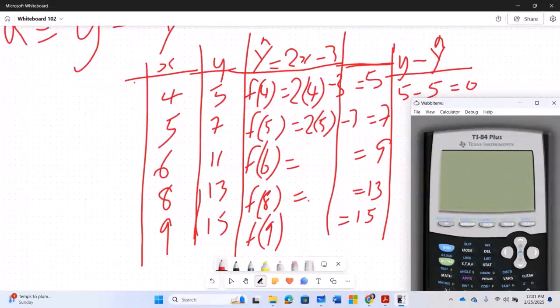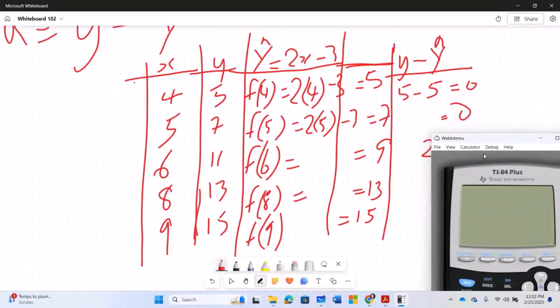This is 8, 2 times 8 is 16. 16 minus 3 is 13, and this is 9. 18 minus 3 is 15.